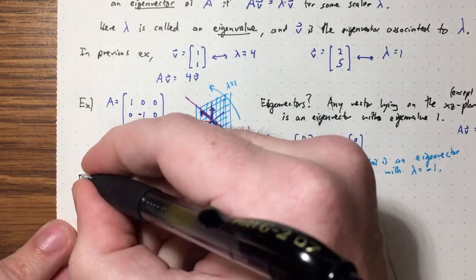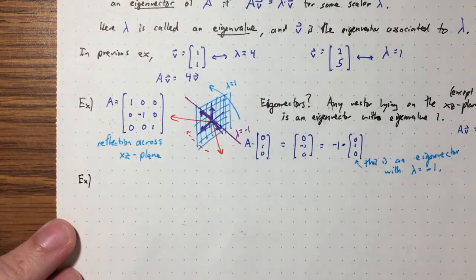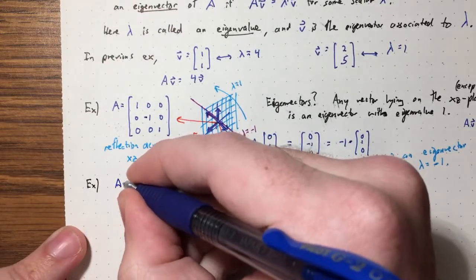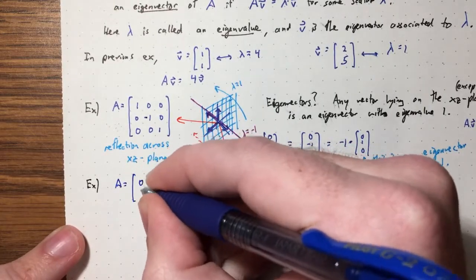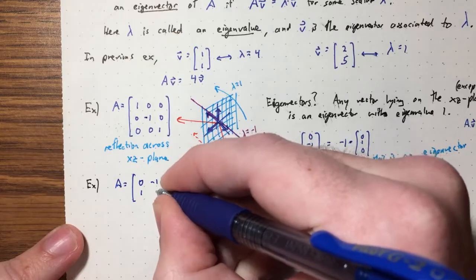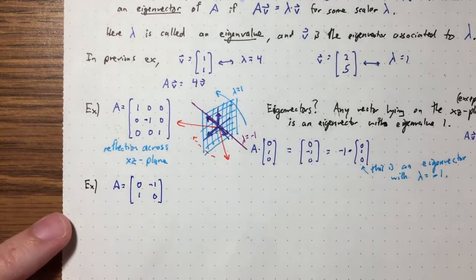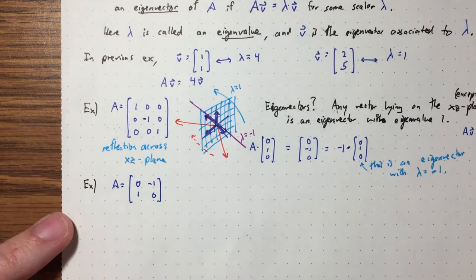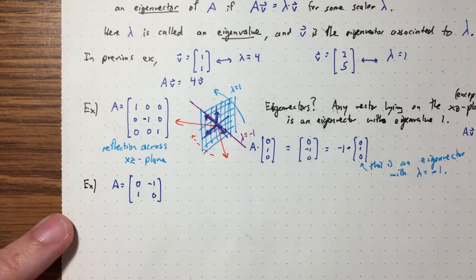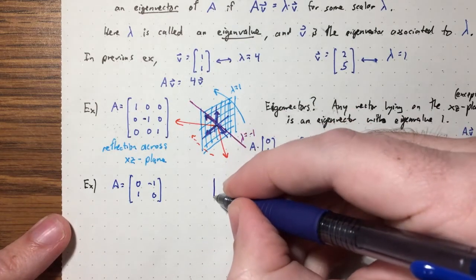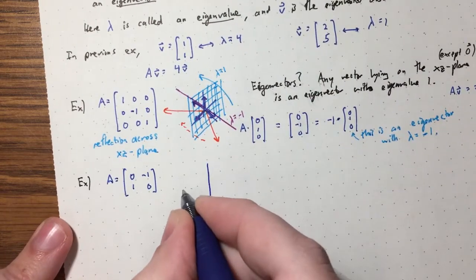Okay, how about, well, here's an interesting one. How about this matrix? 0, 1, minus 1, 0. What does this linear transformation do? We've seen this one before.